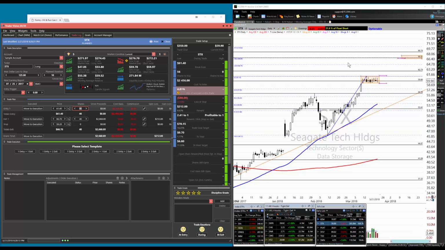And I think it is, based on weekly support and resistance as well as the fib projection of this strong run. I'm probably going to be looking at maybe an options trade here to make that work. But if you have different goals, a different size account that allows you to buy more shares, that might work for you. So again, STX looks like one that I like the chart.